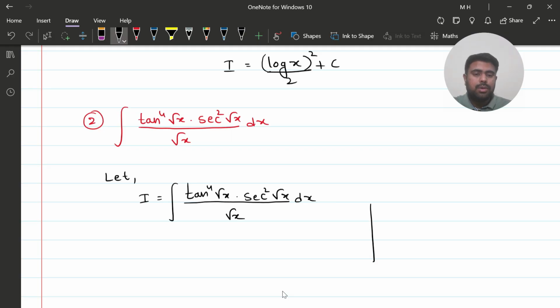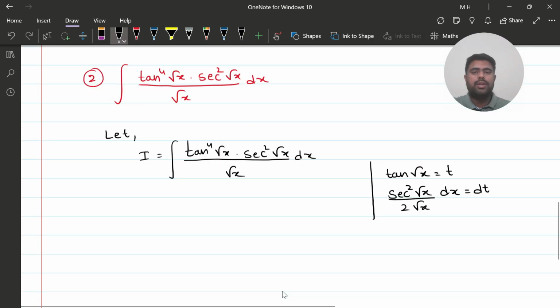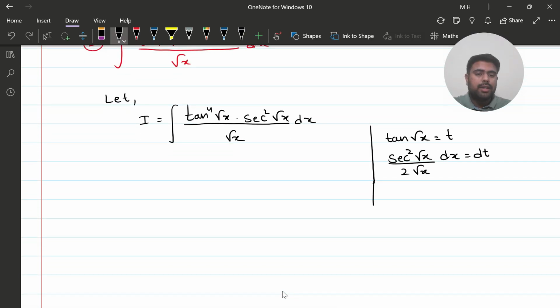If I substitute tan root x as t, what is the derivative of tan x? It is sec square x. So I'll get sec square root x as it is, and then by chain rule, what is the derivative of root x? It is 1 by 2 root x. So into 1 by 2 root x dx is dt, the differential.